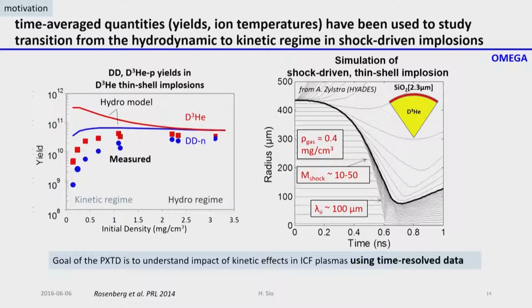So that tells us that there is very important physics that is not being adequately captured by the 1D hydrocodes in this kinetic regime. But again, these are all time-integrated quantities. And so the goal of the particle X-ray temporal diagnostic is to understand the impact of kinetic effects in ICF implosions using time-resolved data. And that gives you an extra dimension of information to tease out these subtleties.